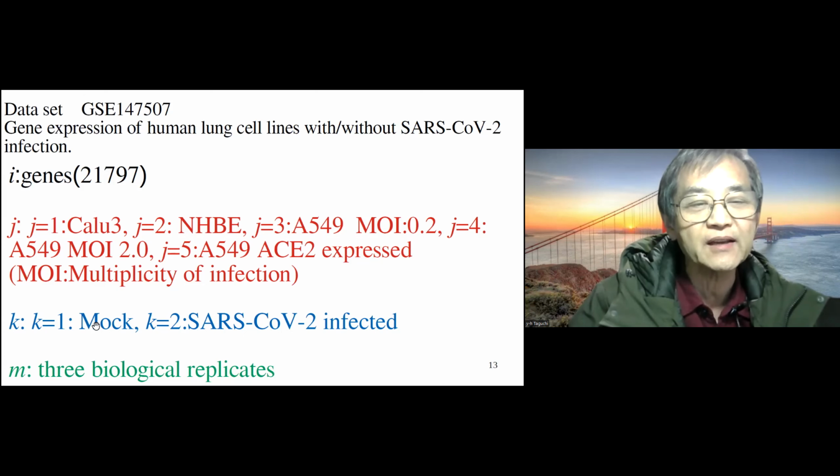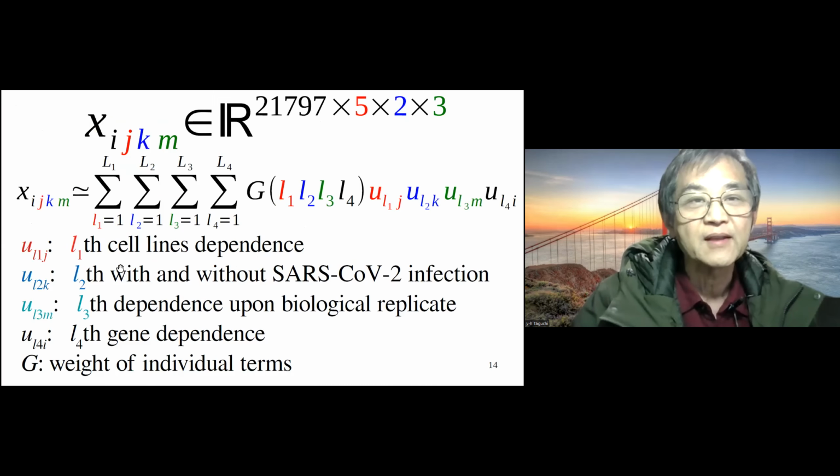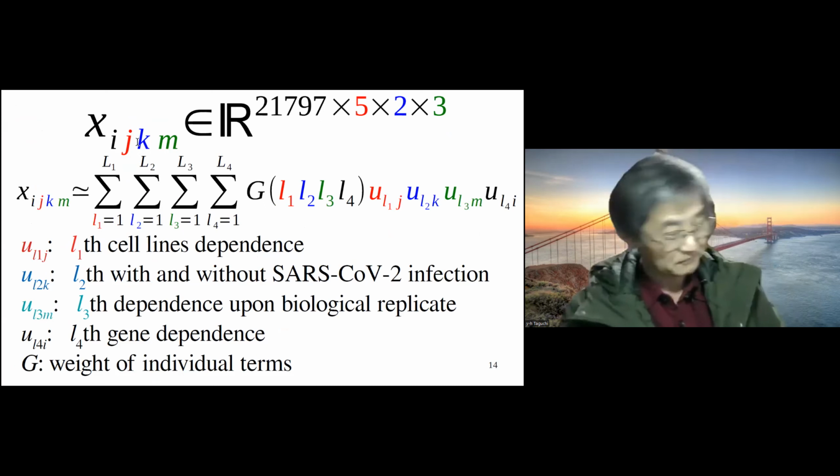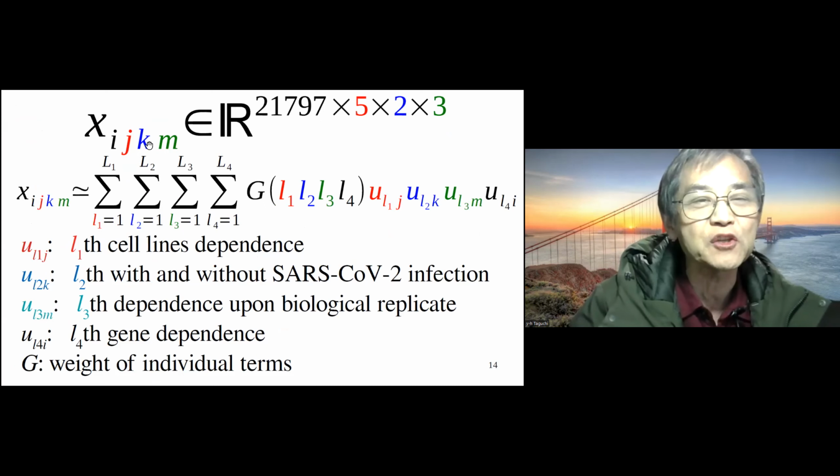And k represents the comparison between infected cells and non-infected cells. And m represents biological replicates, how many times this measurement has been repeated. Then this is the expression of the i-th gene at the j-th cell line, whether infected or not, and which biological replicate is represented here.